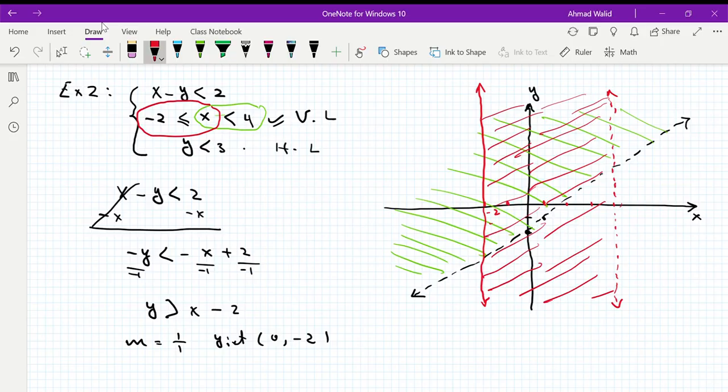One more line to graph, y less than 3. Let's use blue. 1, 2, 3. It means you are dealing with a dashed line, a horizontal line, correct? Now, less than means you shade the lower part.